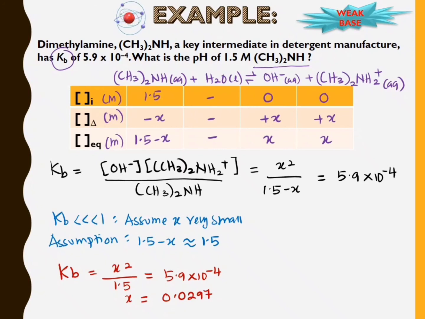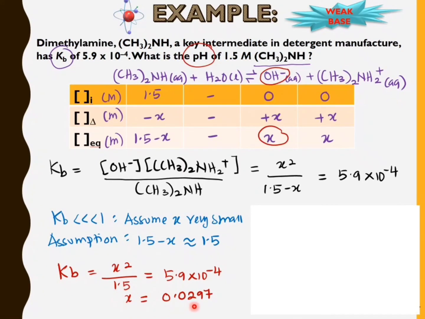The value of X here is 0.0297. Now we already got the value of X. Same as the question before this, what do you need to do? You need to check whether your assumption is justified or not, whether it is accepted or not. What did madam say we use? The 5% rule. So we check: divide your value of X by the initial concentration.